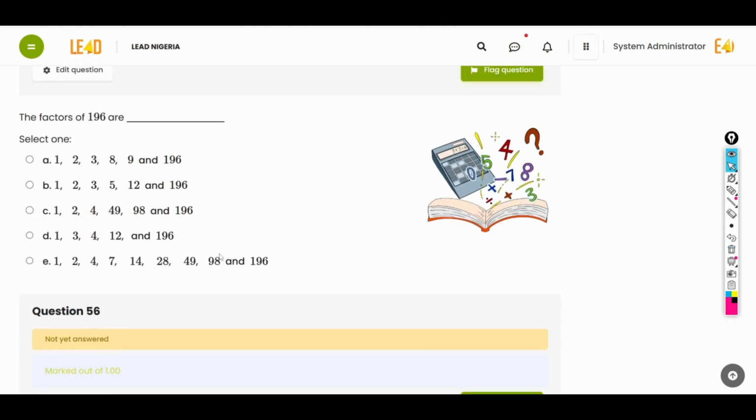Okay, the factors of 196 are, to ensure that you list out everything, it's best you work with factor pairs so that you don't lose out on anyone. So here's what I mean. A factor pair is a pair of numbers that multiply to give you the number you're trying to find the factor pairs of.